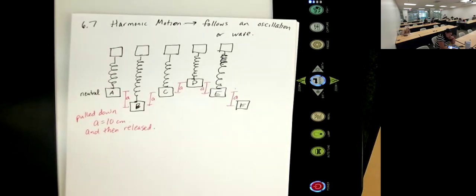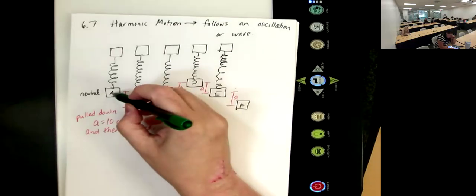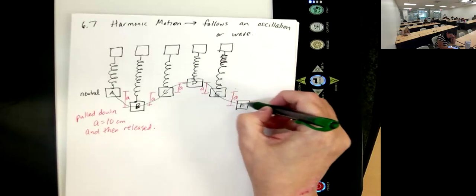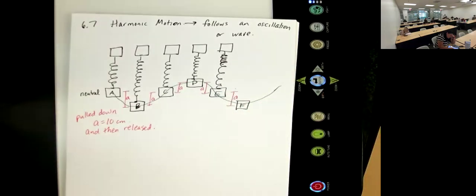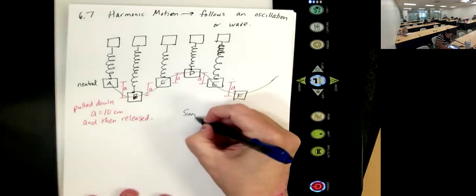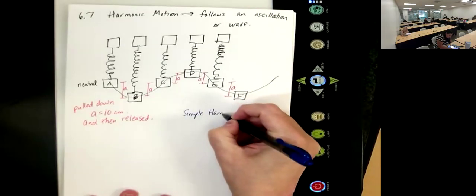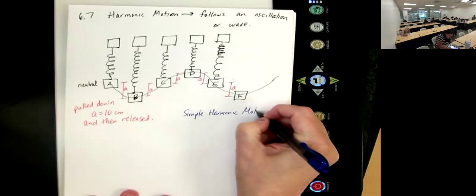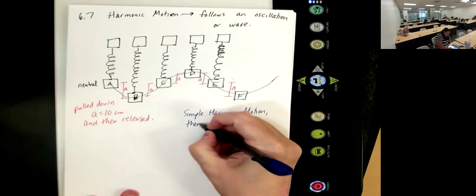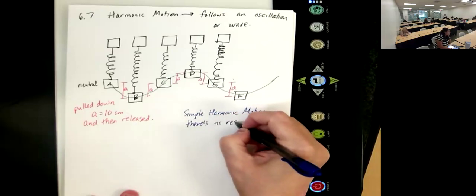If I were to connect the points, it's making a sinusoidal wave. It's making a wave. Now, in simple harmonic motion, there's no resistance or anything to stop it from going forever.